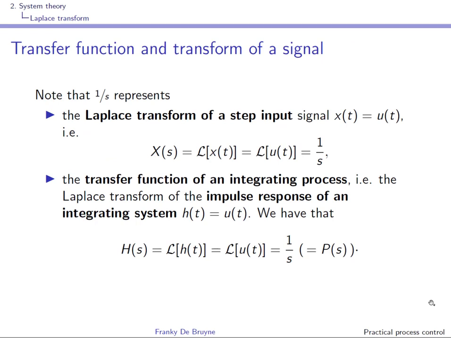It is very important to realize that a rational function in S, so for example here in this case 1 over S, can either be the transform of a signal or a transfer function. If 1 over S is a Laplace transform of a signal, this means that X(s) is 1 over s, so that the original signal in the time domain, x(t), is a step signal, a unit step signal.